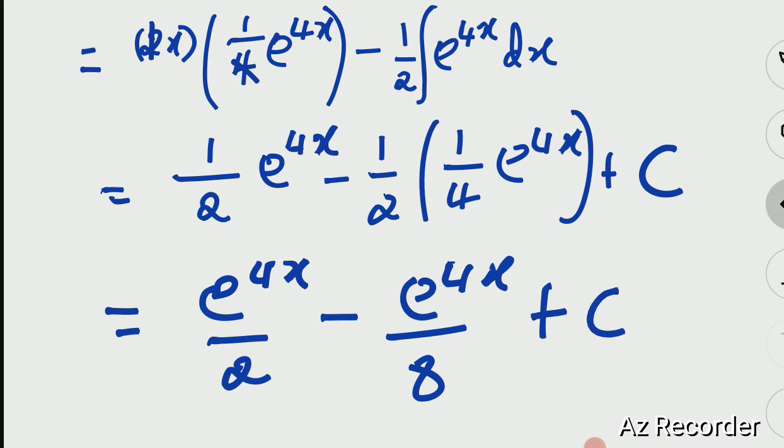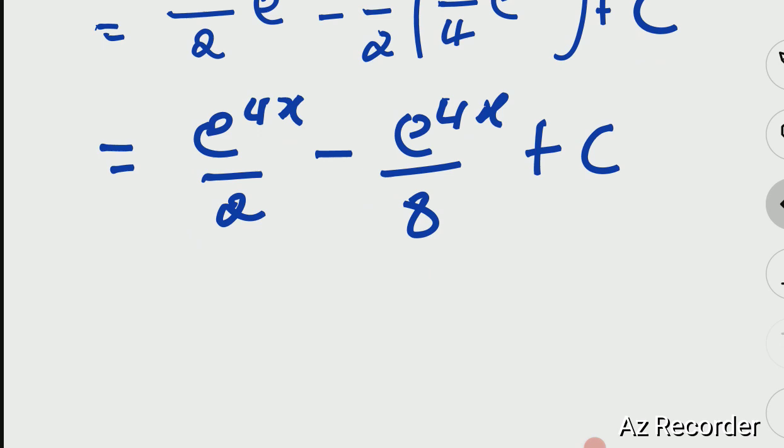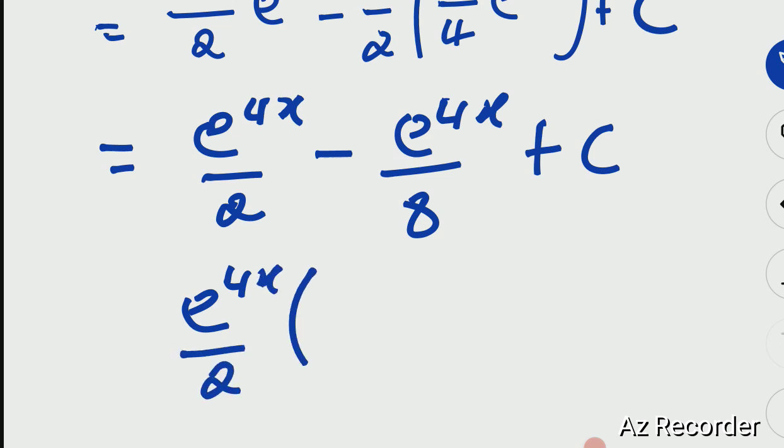So this is the end, where you can factor out e to the 4x on 2, so that you have 1 minus, remember if you are doing that, you have 1 minus, because this divided by this is 1, and you take e to the 4x divided by 8, all that on this. Some students might find difficulties doing this, so you have minus 1 on 4 plus c.